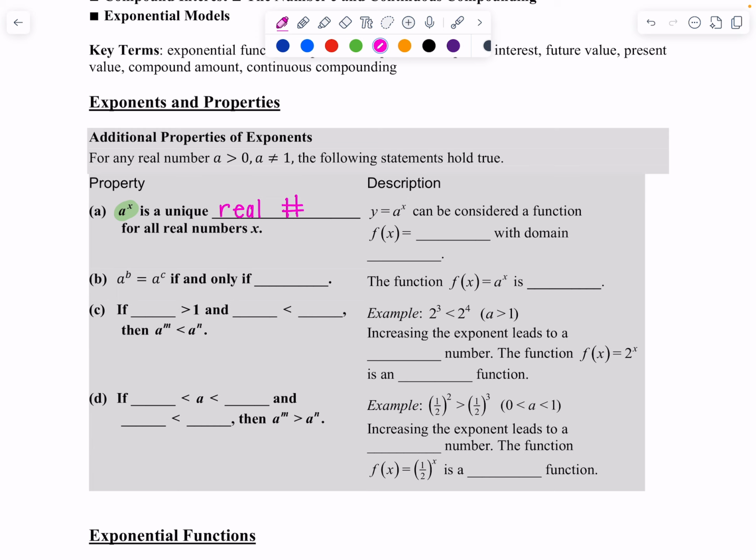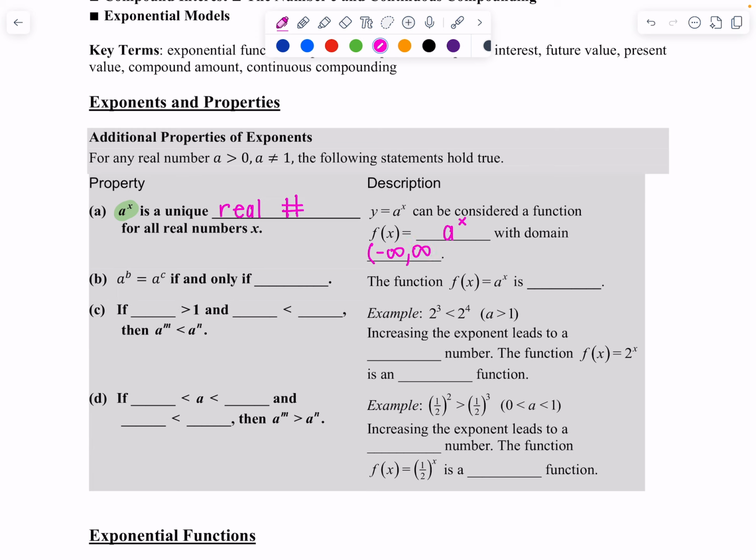You see the part that says description? What it's saying is y equals a raised to x can be considered as a function. If y equals a raised to the x is a function, then we can say f of x equals a to the x. Remember, y equals f of x with a domain of negative infinity to positive infinity.